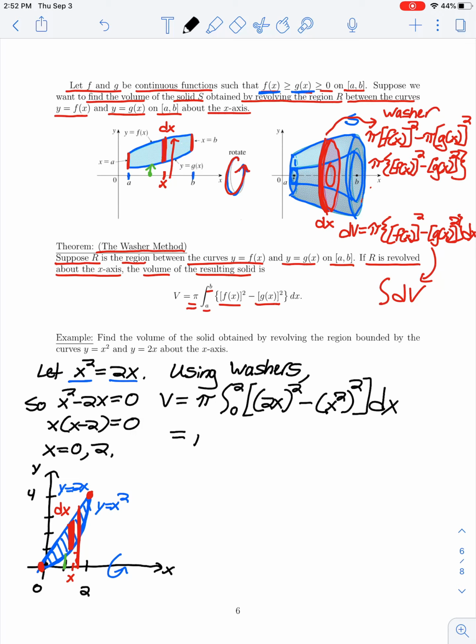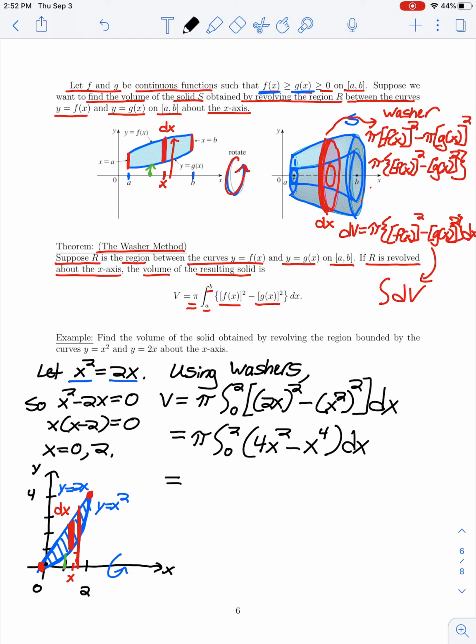So here, simplifying our integrand, we have pi times the integral from 0 to 2 of 2x squared, which would be 4x squared, and then minus an x squared squared gives us x to the 4th dx.